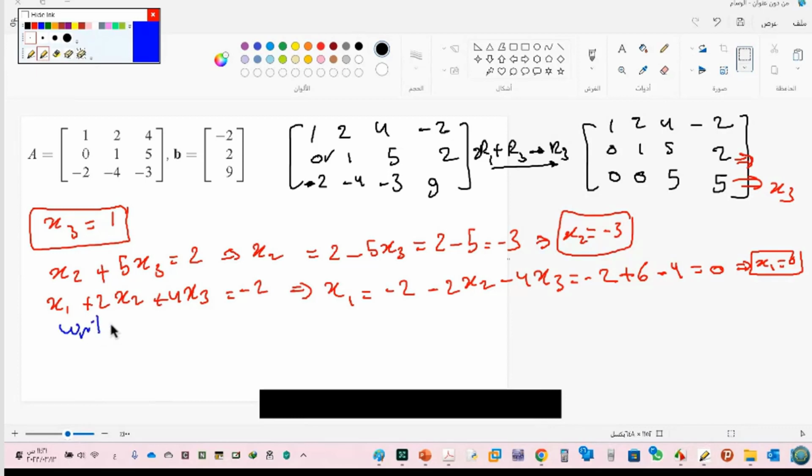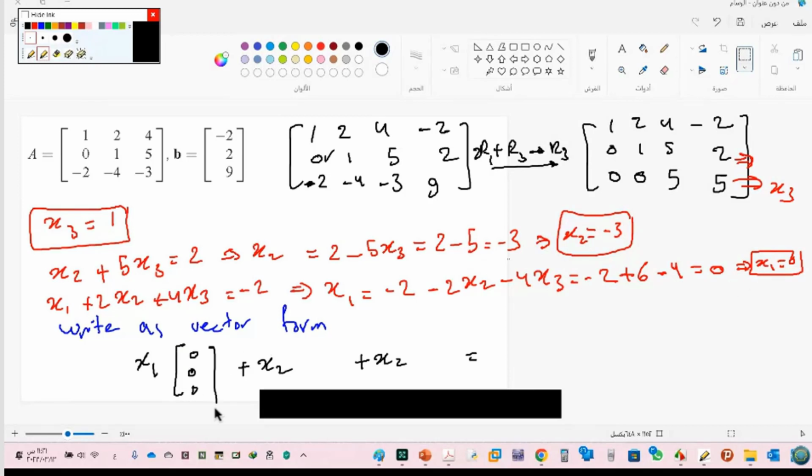Write as vector form. So here I have x1, x2, x3 equal to x1 times 0, x2 times 0, 0.